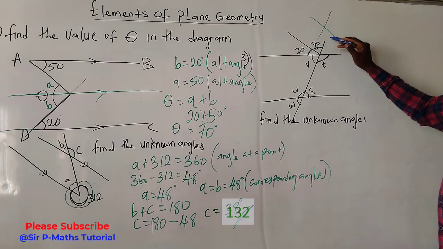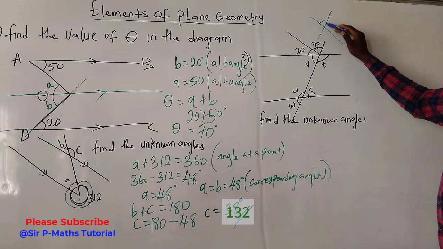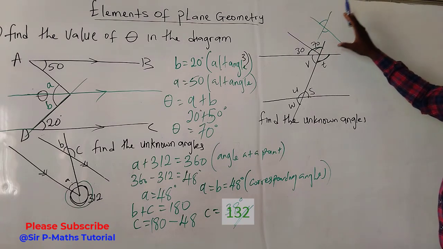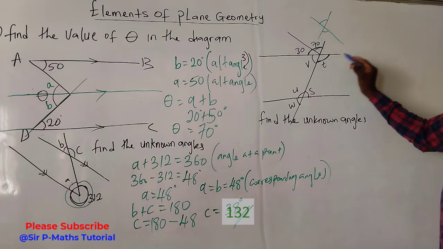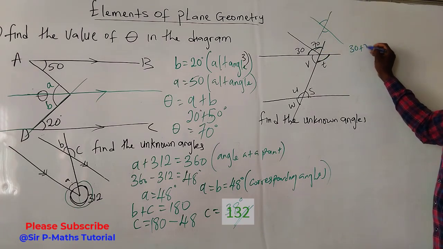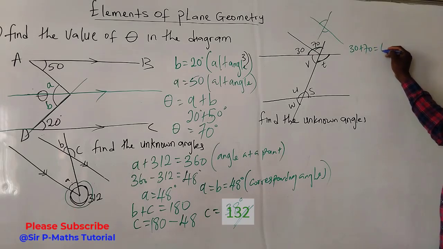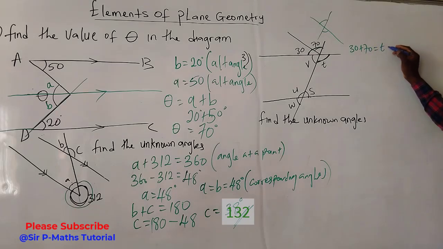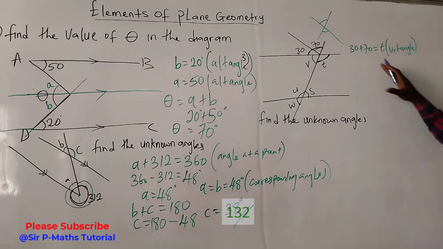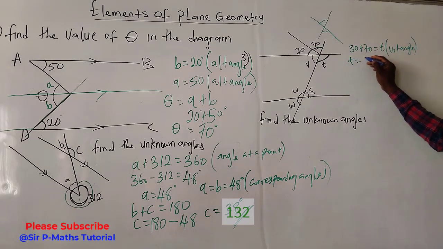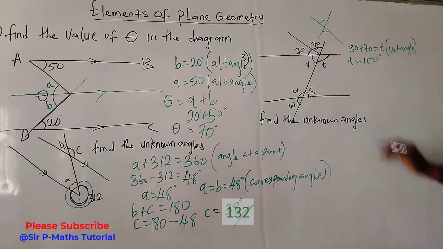If I have two lines like this meeting each other, this angle and this angle are vertically opposite and equal, all right? So here would be 30 plus 70 will give me T, vertically opposite angles. That means my T is equal to 100 degrees.